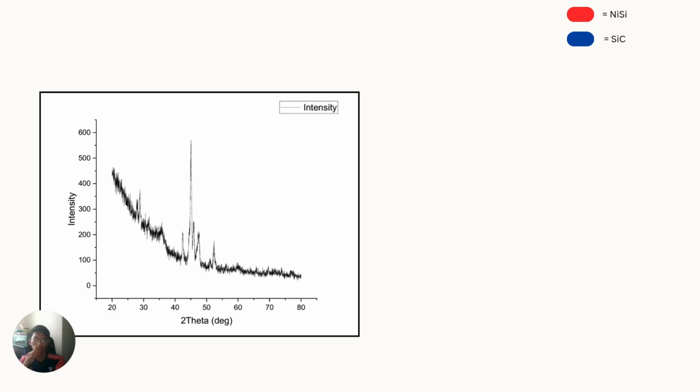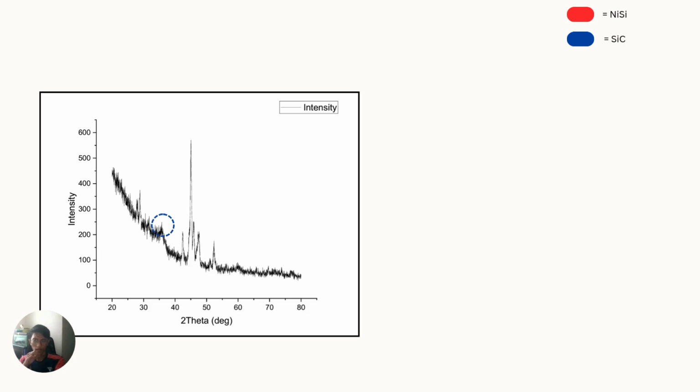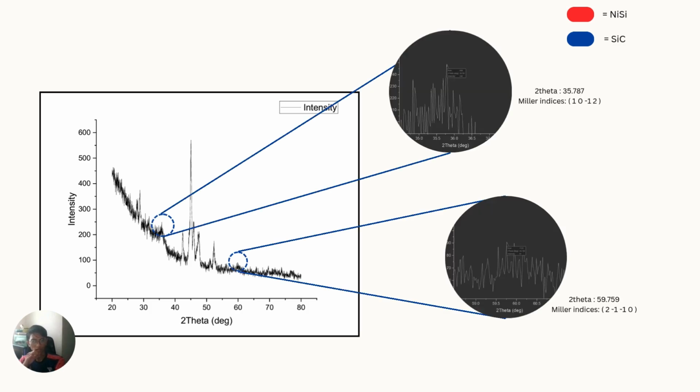As we zoom in on the graph generated in Origin Pro, these are the 3 peaks and 2 theta values that we gain from NiSi, where we can see the spike is really significant. And then for SiC, we search for the SiC 2 theta peak. So we obtain these two peaks at least for working in the calculation and inserting into the formula.